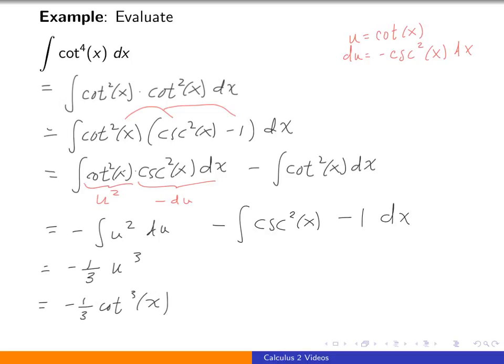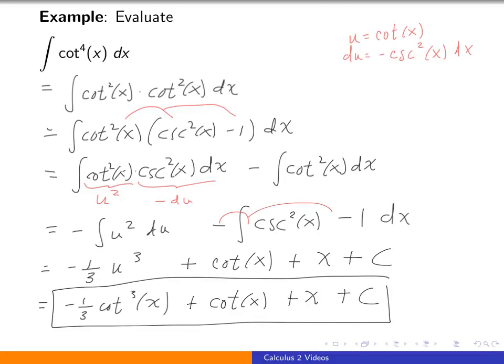And individually, we actually know the antiderivative of cosecant squared, and we know the antiderivative of 1. The antiderivative of cosecant squared, looking above here, is minus cotangent. But if we distribute through the minus sign, that would become minus a minus cotangent. And the antiderivative of a positive 1, so we're going to distribute that minus through, is plus x. And then we simply carry this down one more step so we get a nice looking solution.